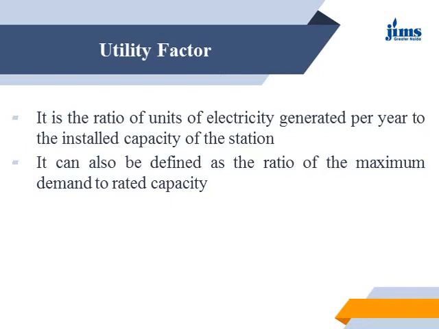It is also defined as the ratio of the maximum demand to the rated capacity. So whenever the demand is higher, we can couple two types of plants together. Maximum demand arises in a certain period of time.